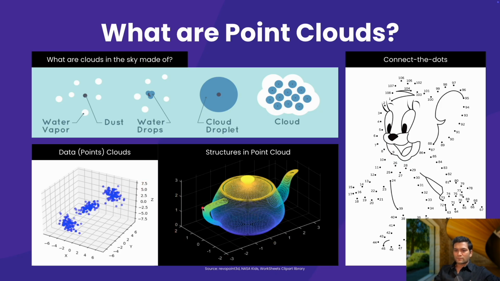Okay, so if you have ever played the game Connect the Dots, you already understand this concept much better. In a point cloud, each point acts as a dot that, when combined with other points, creates this 3D structure or picture of the environment, right?